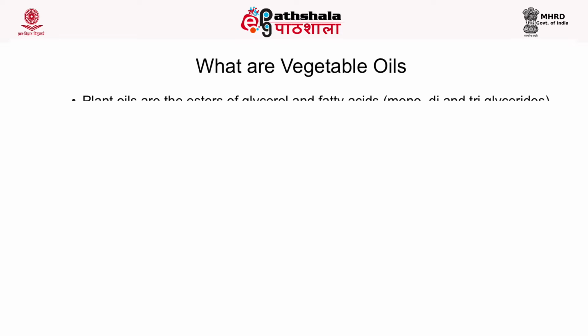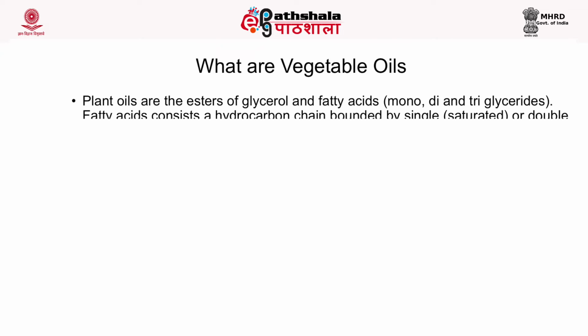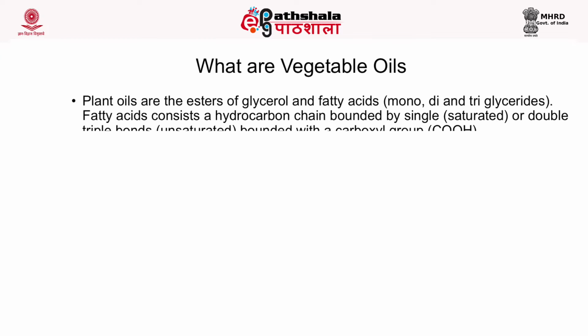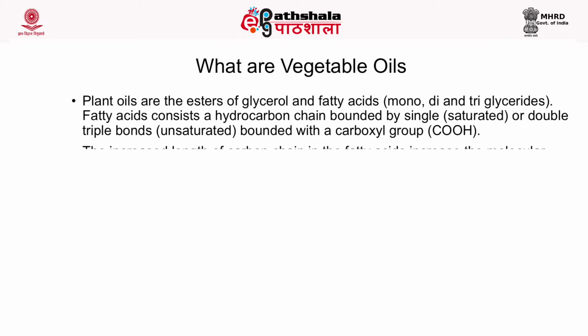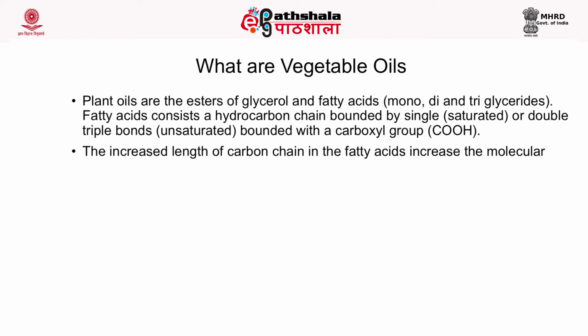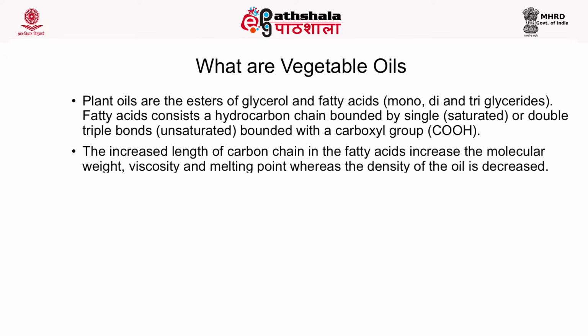Now first let us discuss what is vegetable oil. Plant oils are esters of glycerol and fatty acids, that is mono, di, and triglycerides. Fatty acid consists of a hydrocarbon chain bounded by single or double bonds and bounded with a carboxyl group.